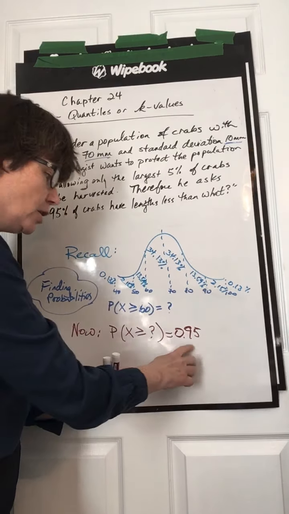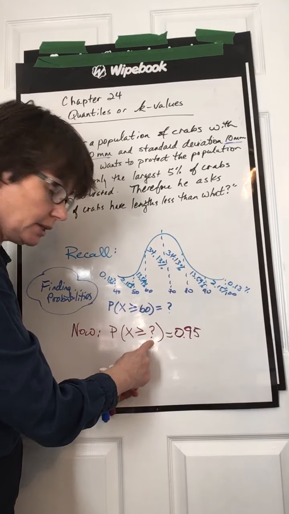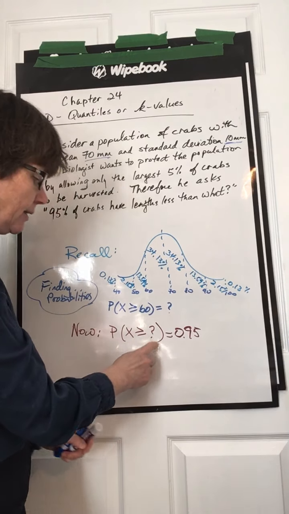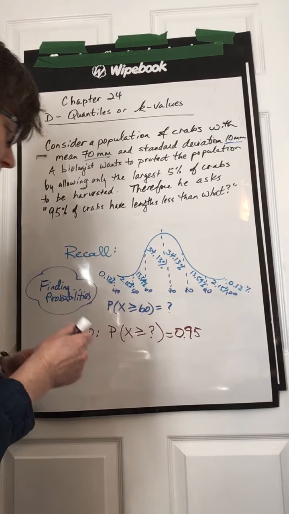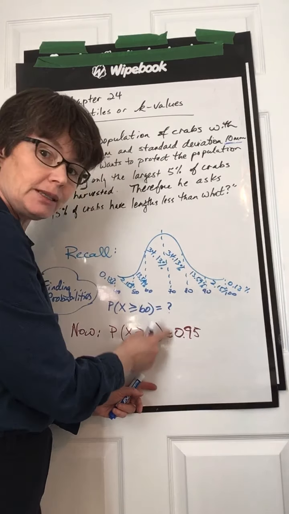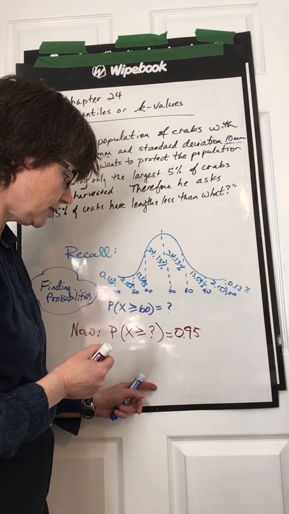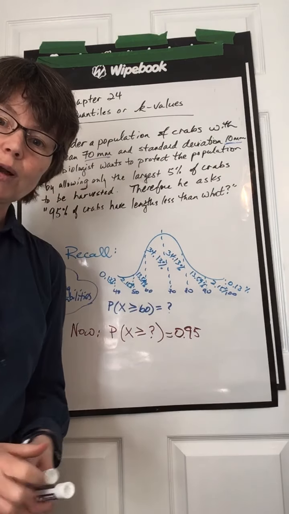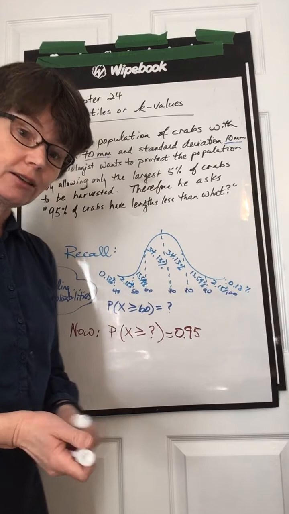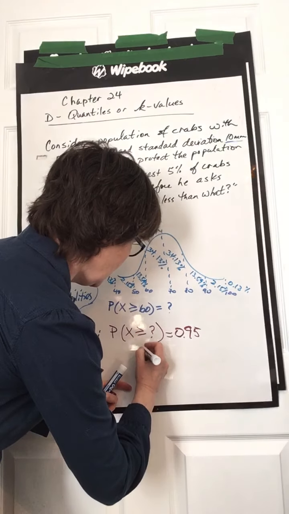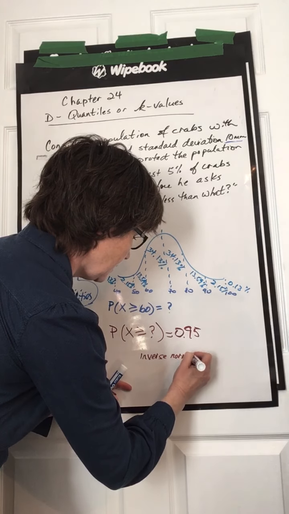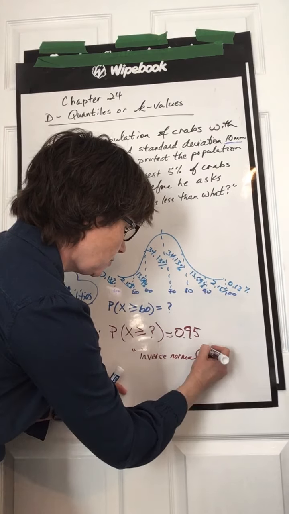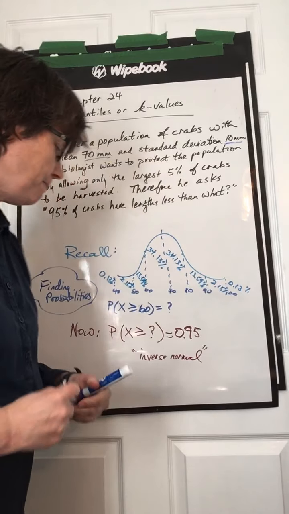Now we know the probability and we're going to be looking for that x value. These x values we call quantiles or k-values. Because this is basically an opposite operation, what we'll be using on our graphing calculator is inverse norm, inverse normal. So that's what we'll be looking for in our calculator now.